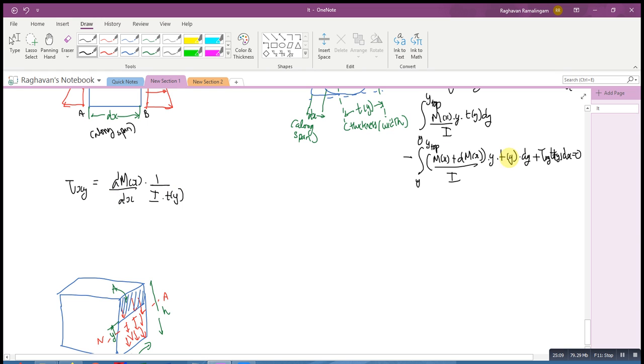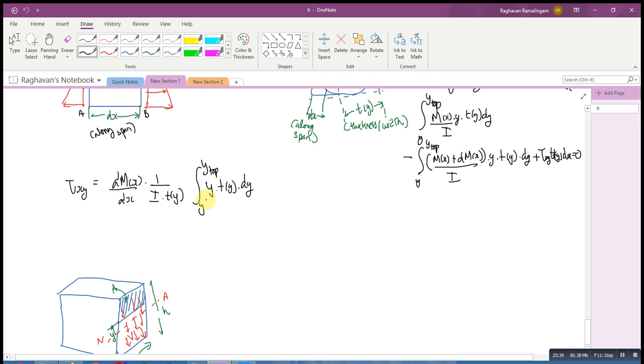And I also see that both these integrals are integrals over y. M of x does not depend on y, so I can keep this outside the integral. So integral y to yt of y into t of y dy.